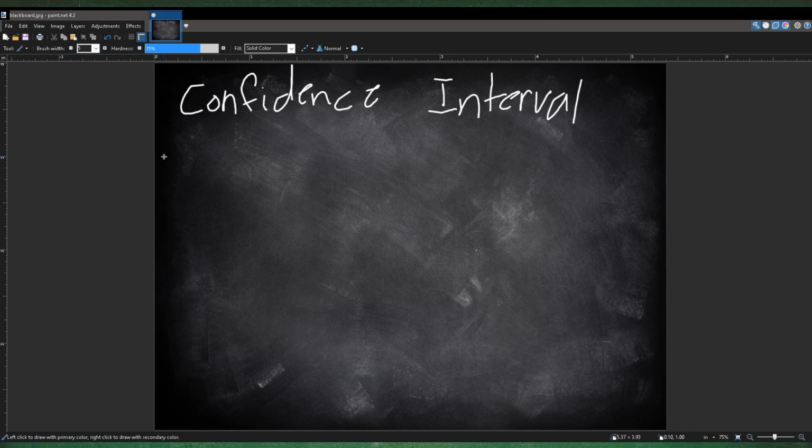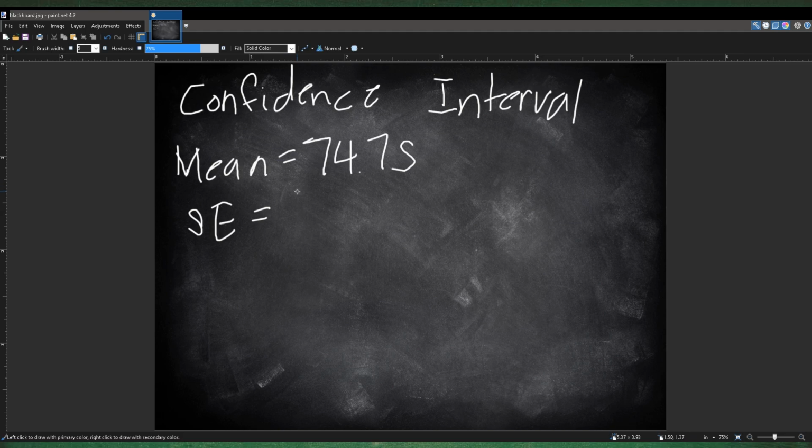Your mean is your y, so 74.75, and your standard error is your standard deviation, 9.67, I believe. Yes, 9.67 divided by square root 40, which is approximately 1.53.